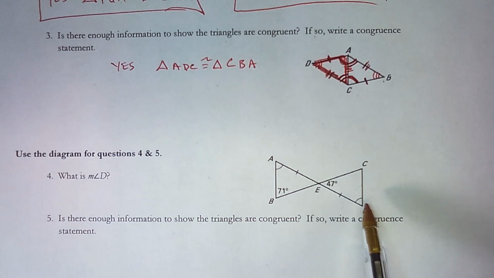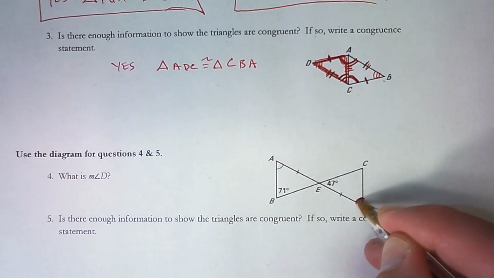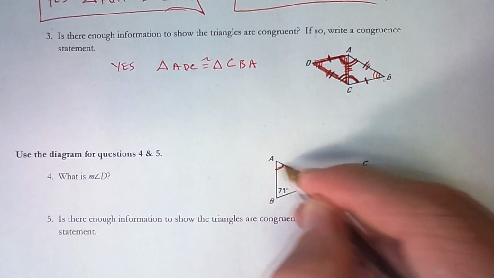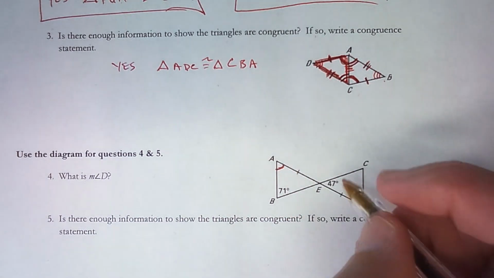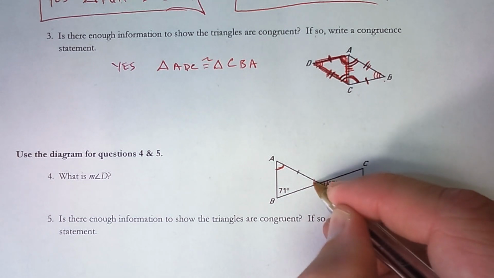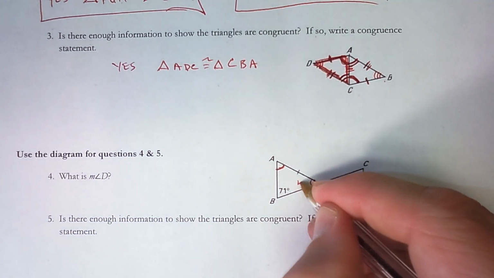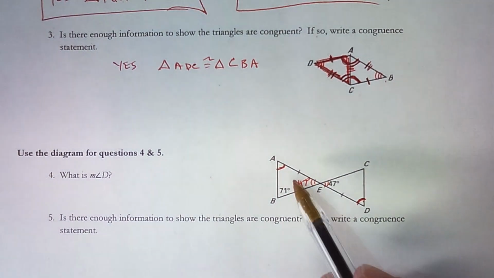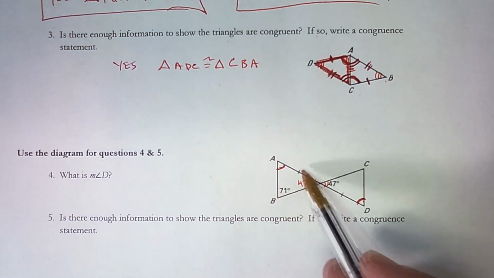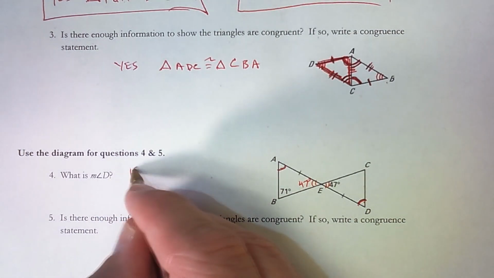In this picture, what is the measure of angle D? Well, angle D is congruent to angle A, so if I can find A, then I'll know the measure of angle D. And I have a pair of vertical angles here. So this right here is 47 degrees. And we know that in a triangle, there's 180 total degrees on the interior angles.